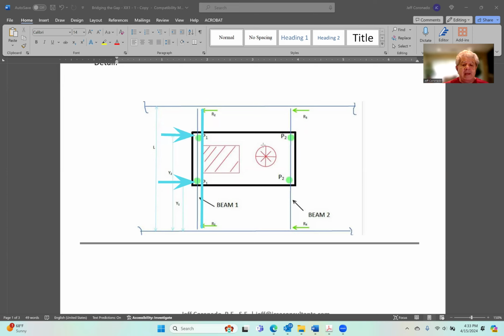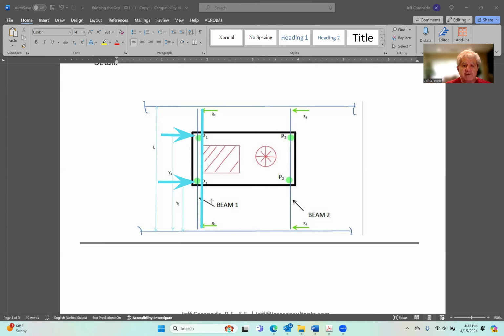Keep in mind again, we are only looking at the effects of the mechanical equipment. There can be other loads, and in fact there will be other loads, both uniform loads, maybe partial uniform loads, maybe concentrated loads if there are any beams framing into beam 1.